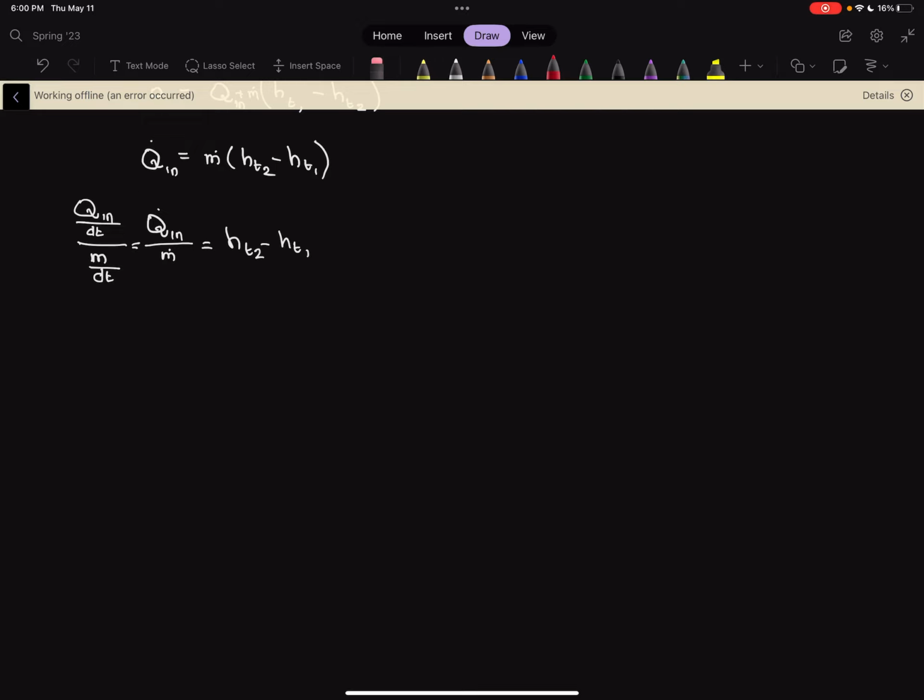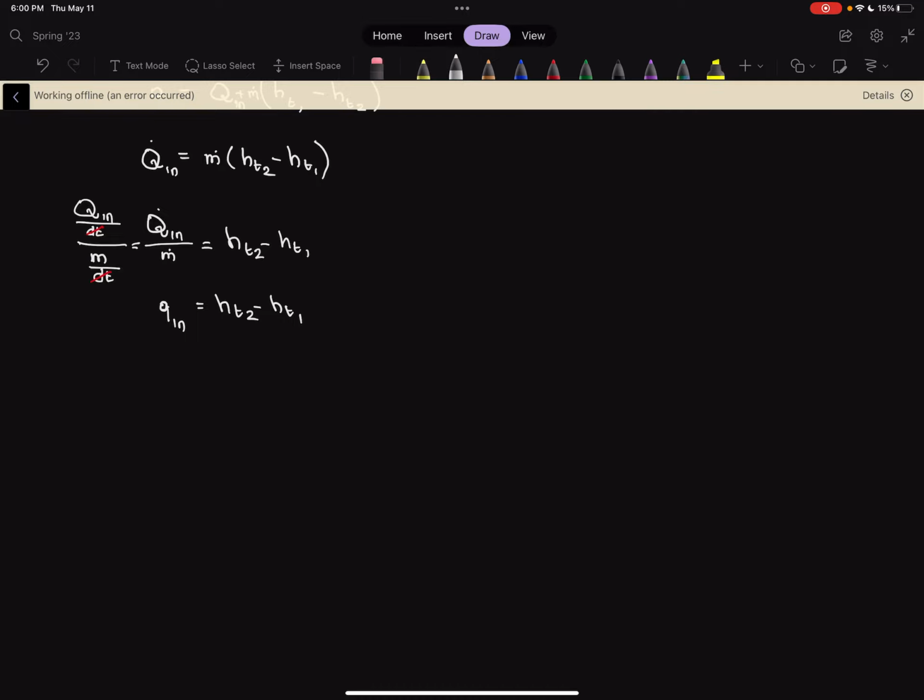So if you do this, I know you can't really do this, but conceptually speaking, the time component goes away. And so a heat divided by mass is going to be specific heat. So it's going to be small q in with no rate. That's going to be HT2 minus HT1.